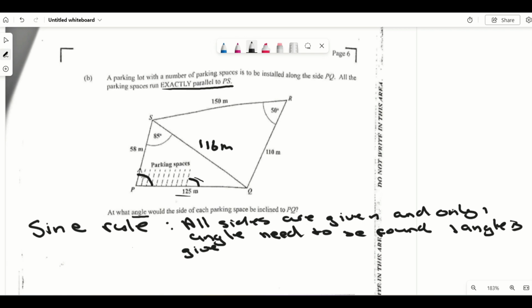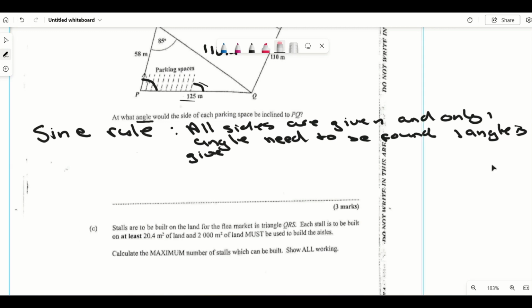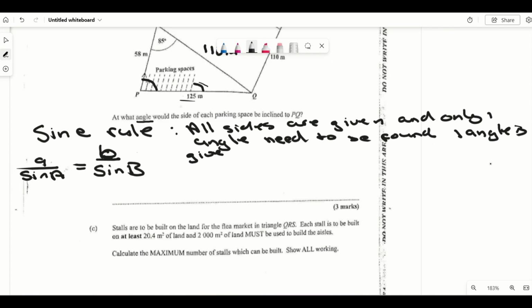So obviously, 85 or angle S would correspond with 125. Right? The side that is opposite the angle that we're talking about is what they will correspond with. So our rule says a over sine capital A is equal to b over sine capital B, where a and b are your sides and capital A and B are your angles.